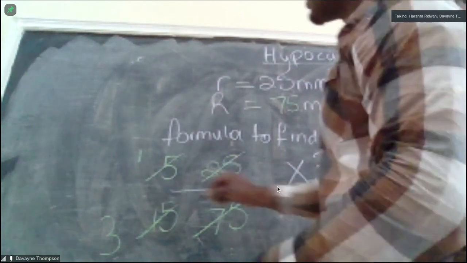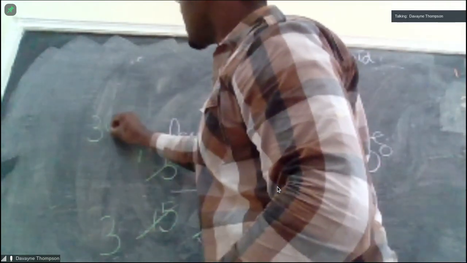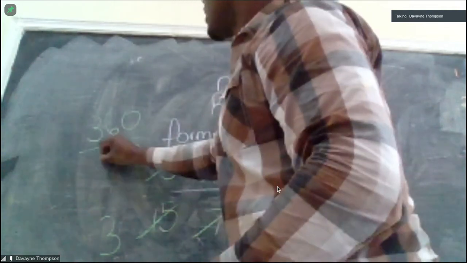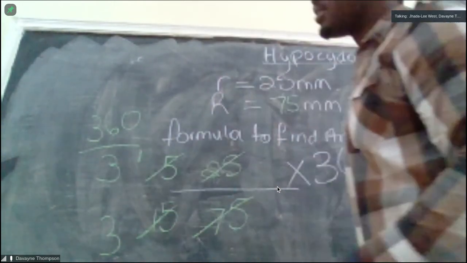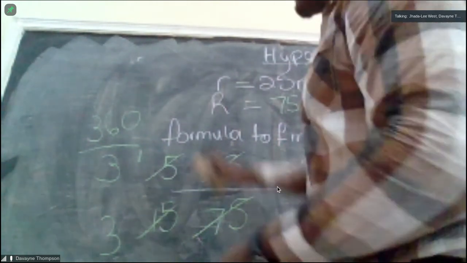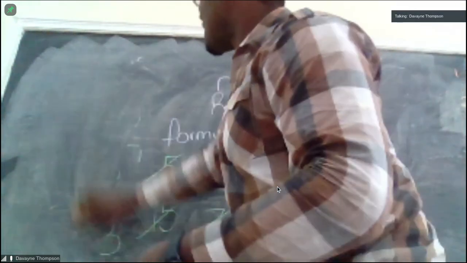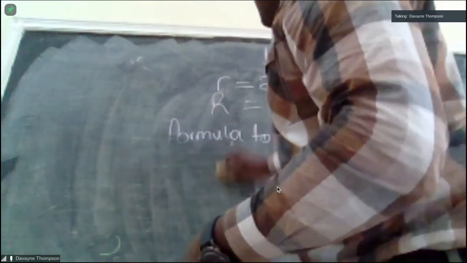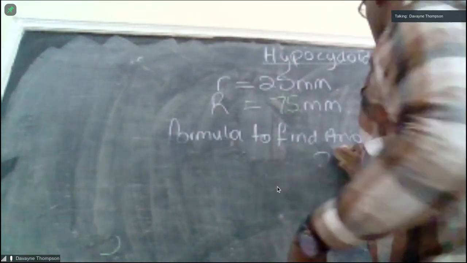Okay, Google, what is 360 divided by 3? The answer is 120. Thank you, Google, because my students don't like to talk. So 120 degrees is going to be the angle of our path. Good?